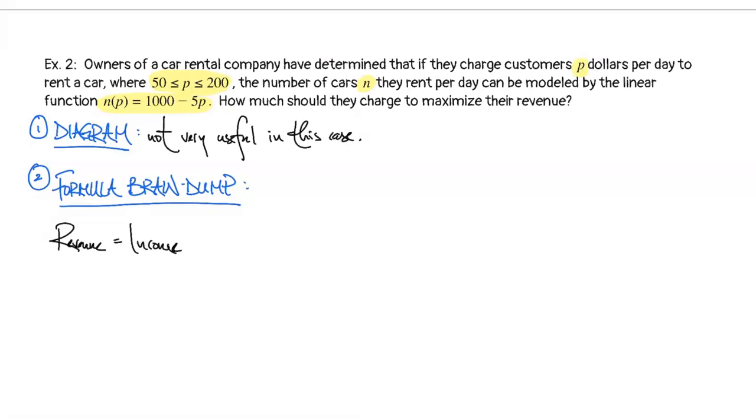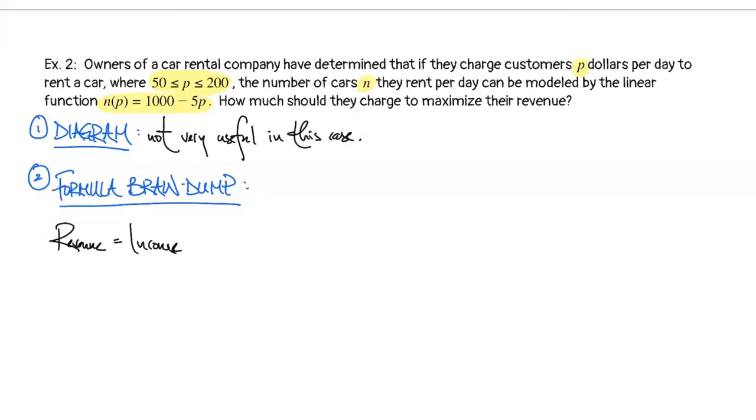So if I think about what I said earlier, they will rent N of 200, or 1,000 minus 5 times 200, which equals 0. They will rent 0 cars.